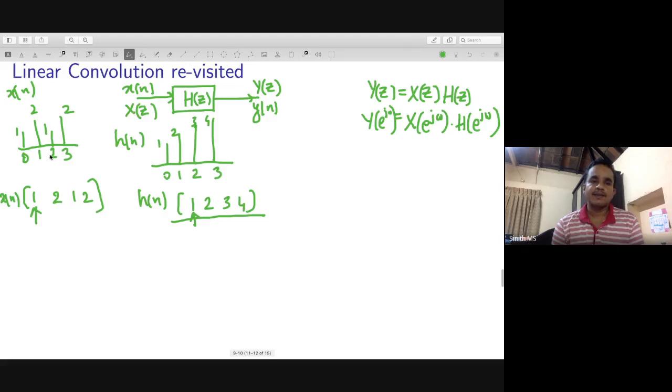When x[n] is a signal like this, suppose that there was only one delta function at n equal to 0, then you know that the inverse transform of H(z) is h[n], which is also called the impulse response. So when you give an impulse like this one, what you're going to get as the output y[n] will be the impulse response.